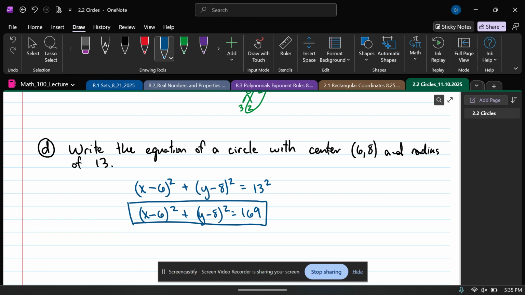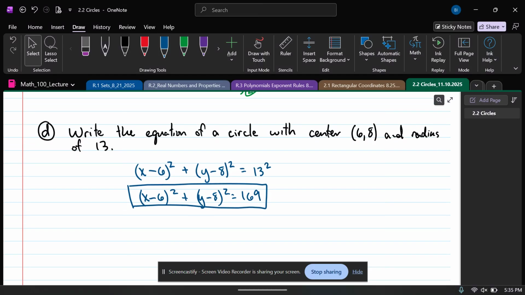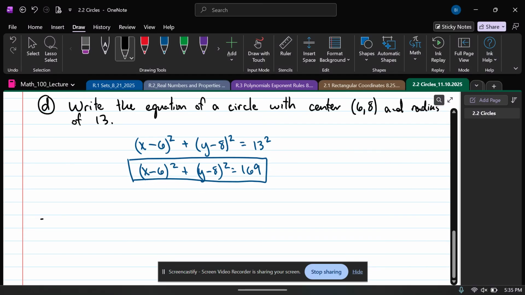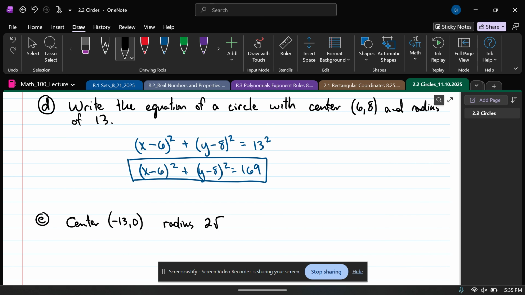If you can do it one direction, be able to do it the other direction. Where it gets a little bit more confusing for folks is when we do one like this. They give you a center of negative 13, 0, and a radius of 2 radical 2. That's where folks kind of start getting squirrely with it.